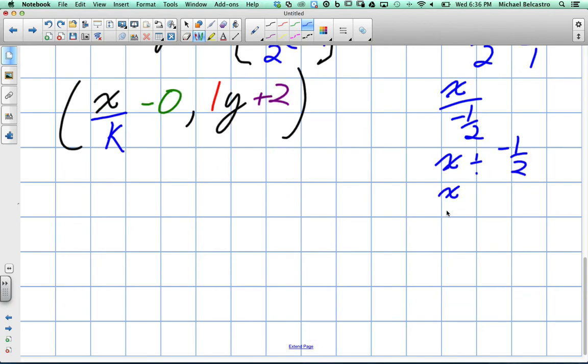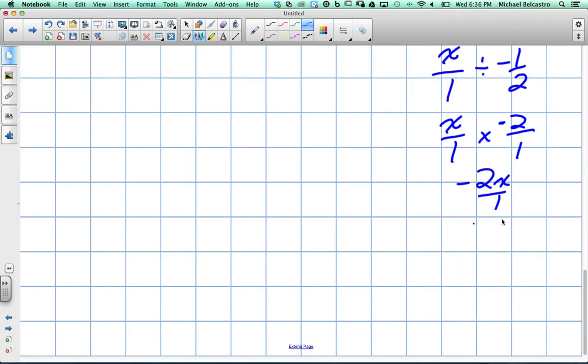I'm going to make x a fraction, so over 1 divided by negative 1 over 2. The rule of fractions is you invert and multiply if you're dividing. So it's x over 1 times 2 over 1, and again, it's still negative. Now we just multiply across, and we get negative 2x over 1, which is the equivalent of negative 2x.